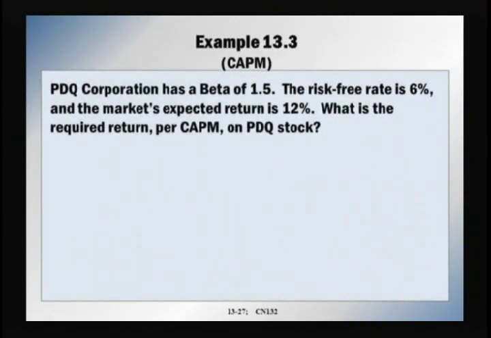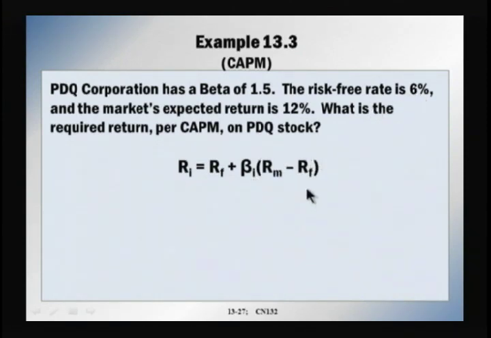So, example: PDQ has a beta of 1.5. The risk-free rate is 6%. The market's expected return is 12%. And we want to compute the required return per the capital asset pricing model on PDQ stock. So the market return is 12%. The risk-free rate is 6%.